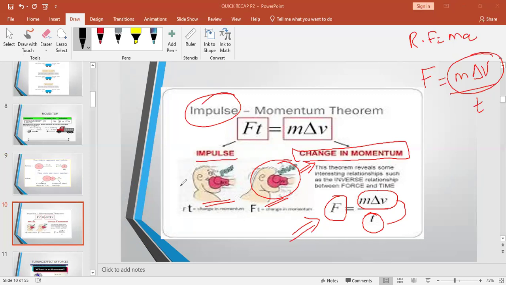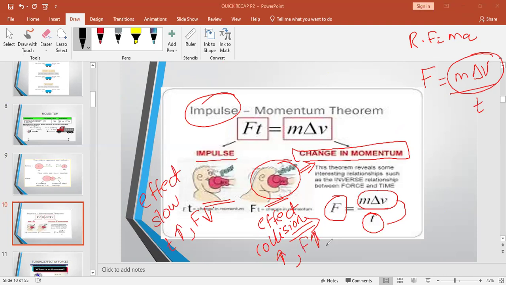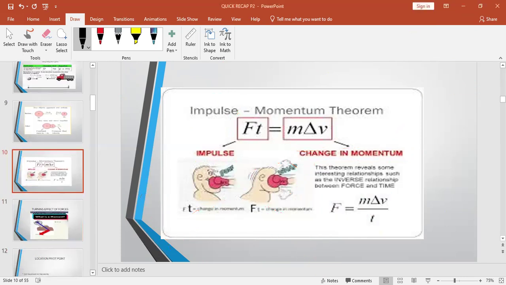The effect of collision will be slow if the time increases and the force decreases. The effect of an accident or collision will be more if the force is more and the time is less. Clear?